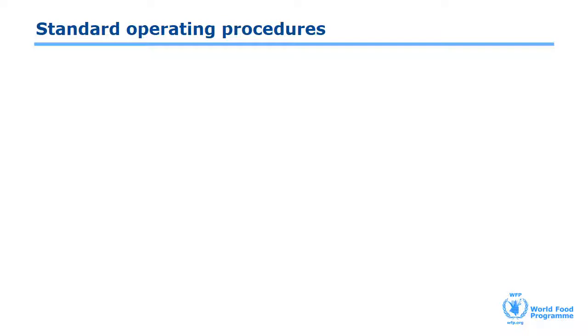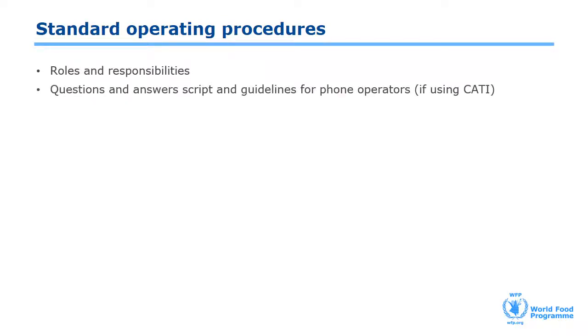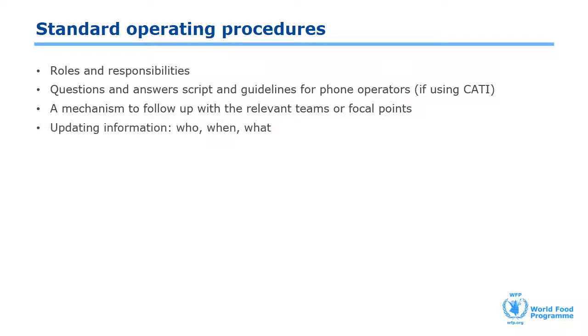These should include the roles and responsibilities of staff involved in running the system, such as operators and the focal points in relevant teams who are responsible for required follow-up, a question and answer script and guidelines, such as which questions can be answered directly by the operators, automatically by your chosen tool or focal points, and which need to be passed on to others for follow-up, a mechanism to follow up with the relevant teams or focal points, who needs to update the information you're going to share, when these updates happen, and what information sources you'll use.